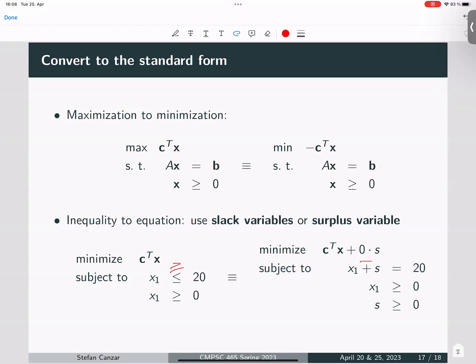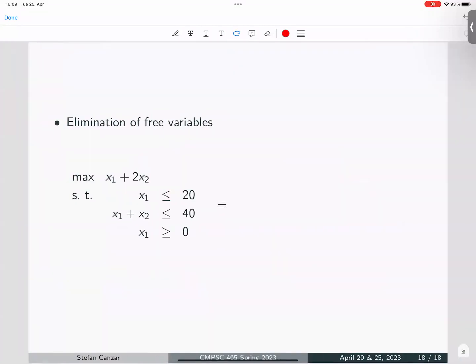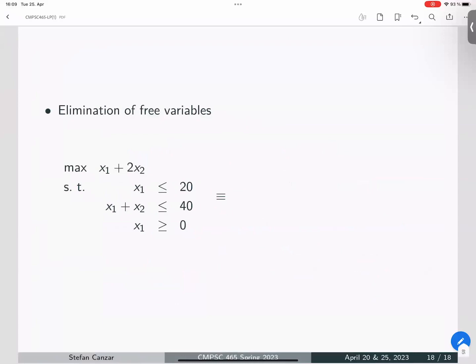So what's the last thing that's missing now to make every LP into standard form? We have taken care of the objective. We have made sure now that we can convert every inequality into an equation. What's the last piece that's missing? Exactly. Make sure that all the variables are non-negative. Let's look at a counterexample. This one here.